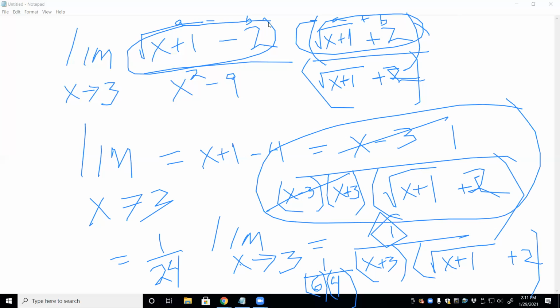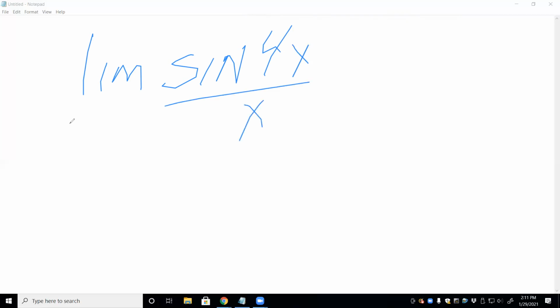And let me just tell you the third method, because there's only 3 that I know of. The third method involves trig functions. And there are 2 limits that you have to remember.